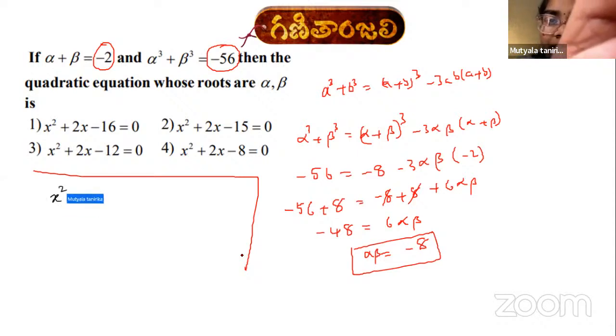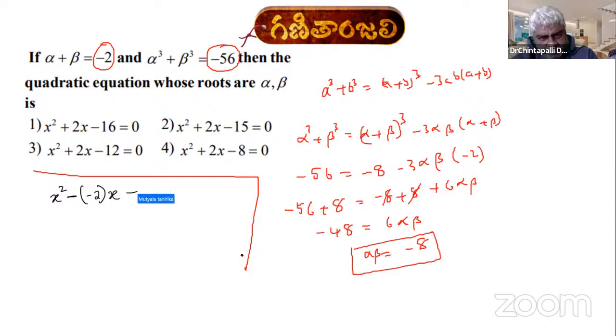X square minus of negative 2x, plus, sorry, here minus 8. Minus times minus is plus only.